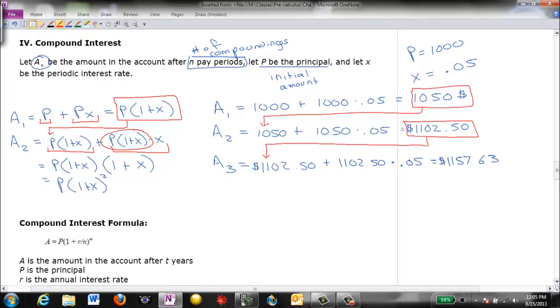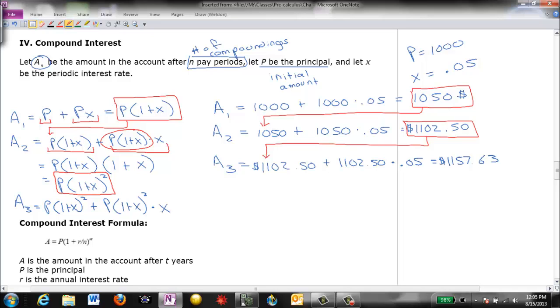So notice now my new principal is this, P times the quantity (1 plus x) squared. So I'm going to have A3 equal to P times (1 plus x) squared, right? That's my principal now, plus P times (1 plus x) squared times x.